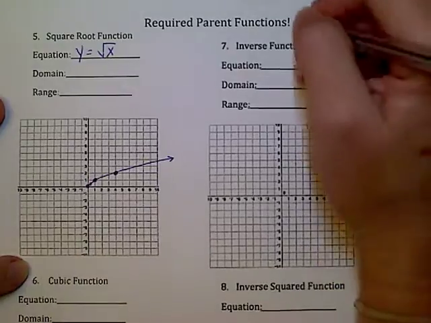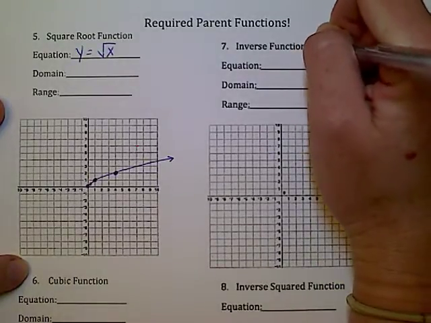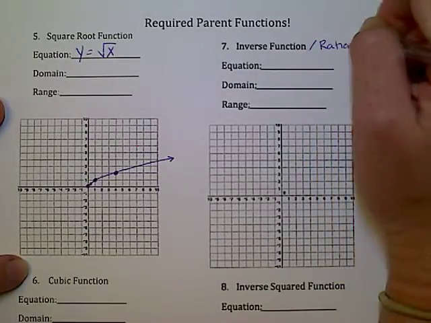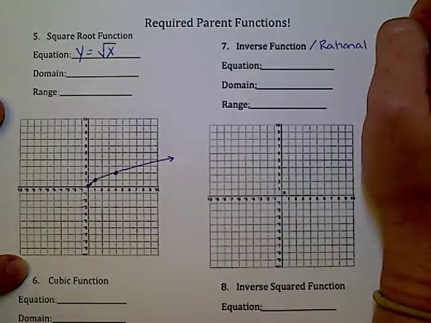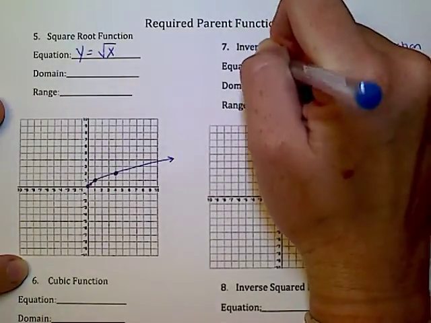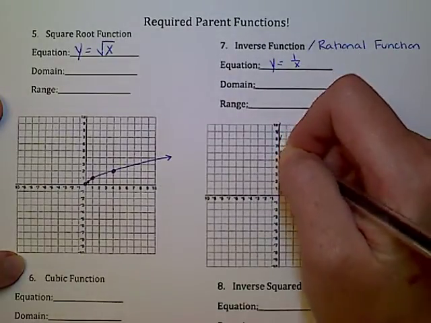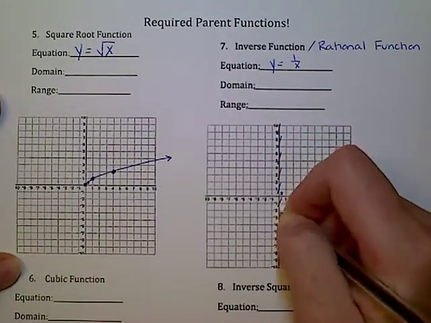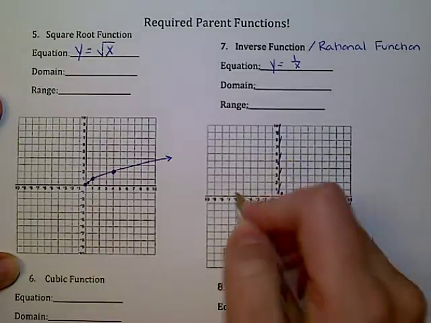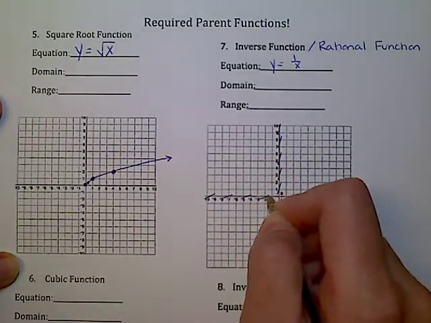The inverse function also goes by the name rational function. So we'll put that name up there too. y equals 1 over x. And this one is fun because it has asymptotes. We have the asymptote on the y-axis and on the x-axis.